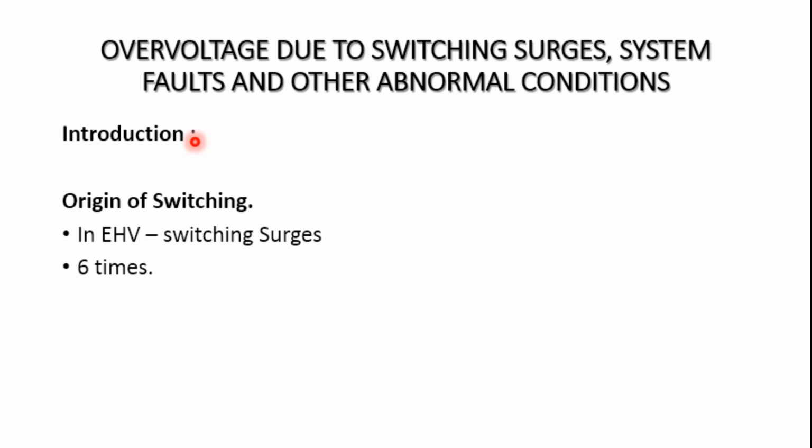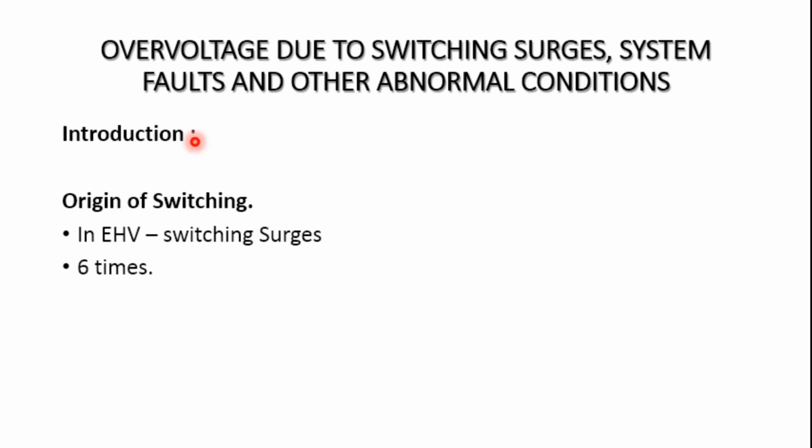Later, when we increase the system voltages to increase the efficiency of the system, say for 400 kV, the overvoltage generated inside the system reaches the same order of magnitude as that of the lightning overvoltages.